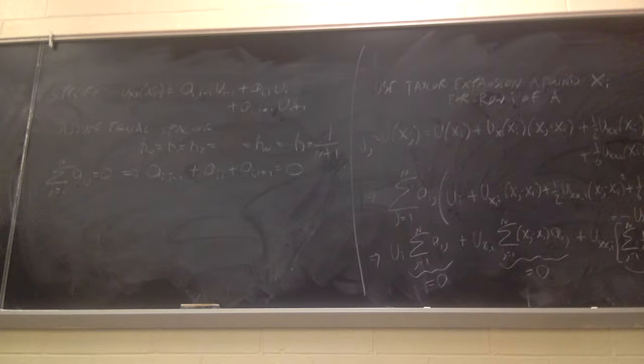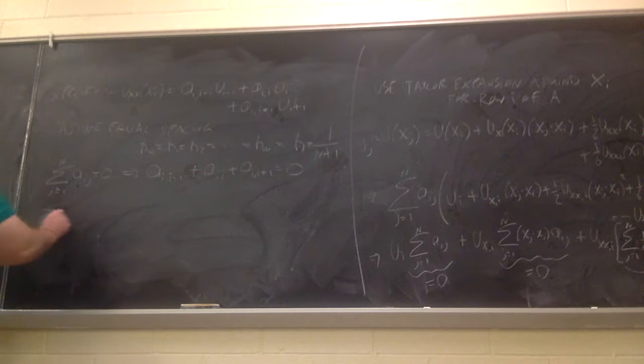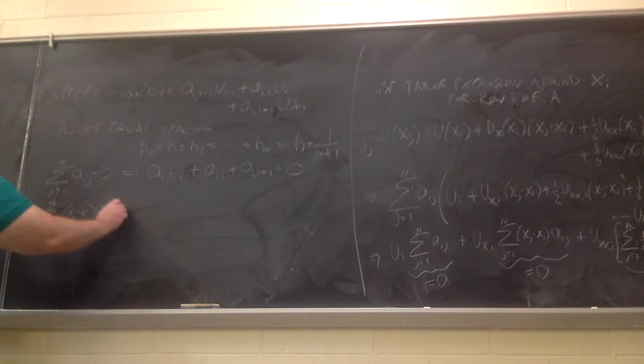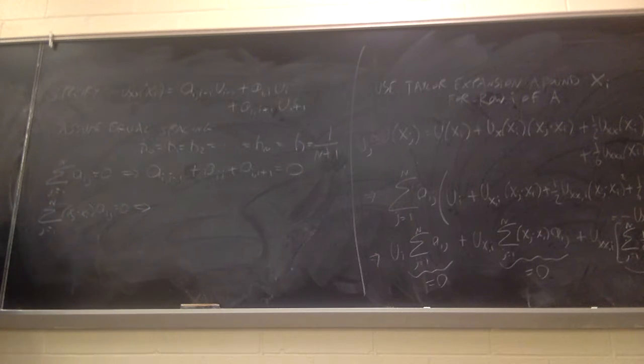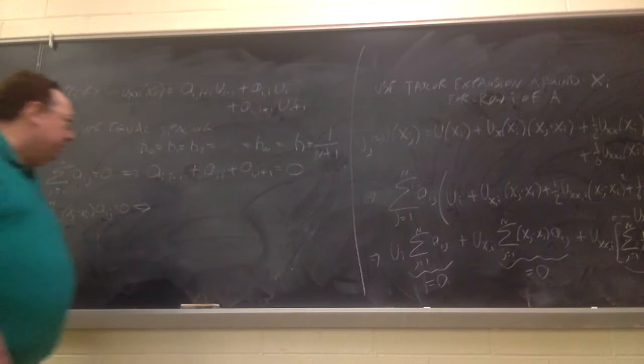Second equation, I have a sum of xj minus xi, times aij, is also 0. What does that mean in terms of these three coefficients? Well, when j is equal to i, I have xi minus xi. That's already 0, so the second term will already be 0.